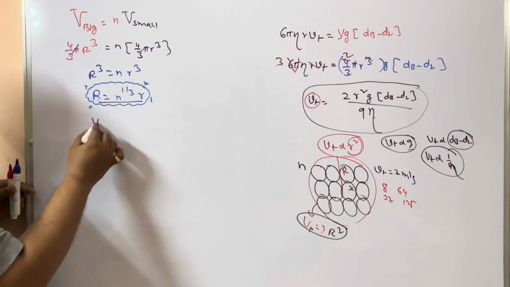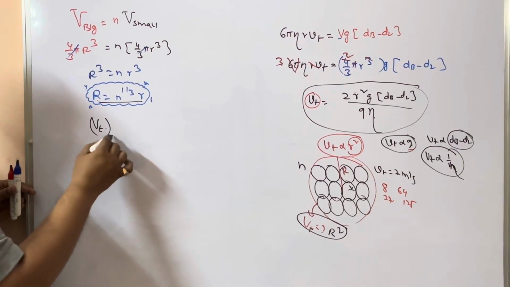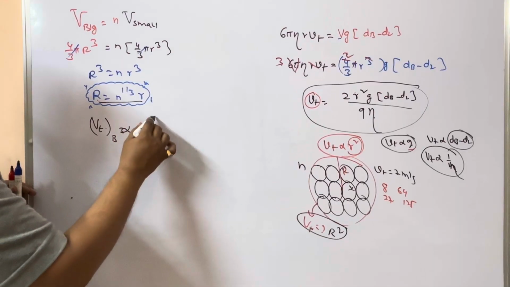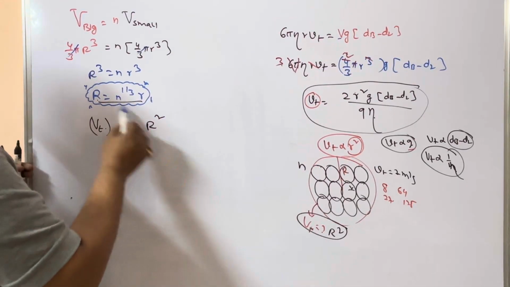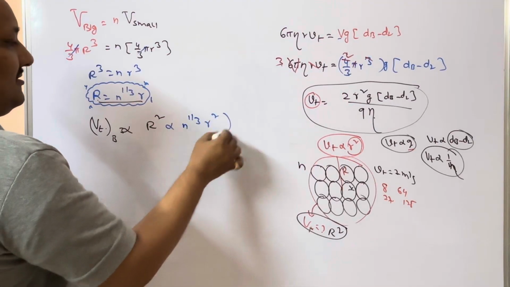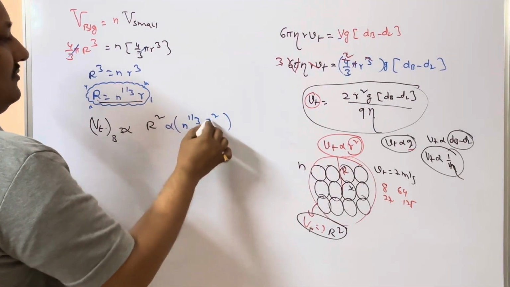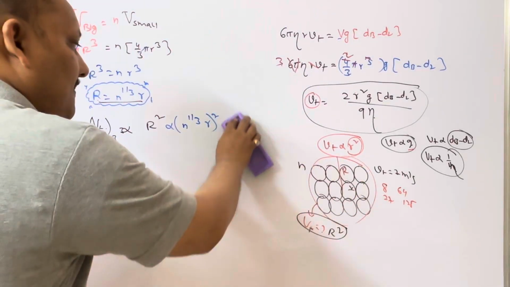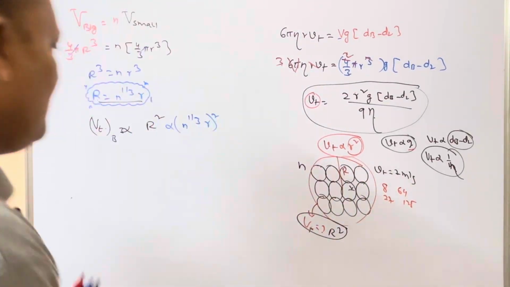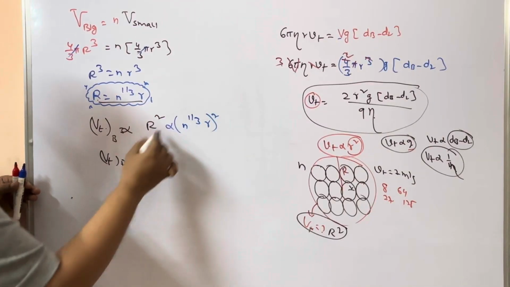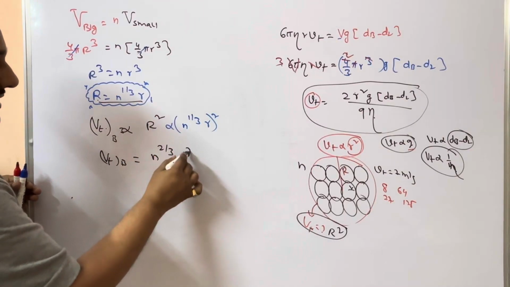Now, terminal velocity of the bigger drop is directly proportional to R square. Now, what is R we got here? n power 1 by 3 small r, whole square. Isn't it? Square is there, n power 1 by 3 small r. Therefore, terminal velocity of the bigger drop is proportional to n power 2 by 3 r square.